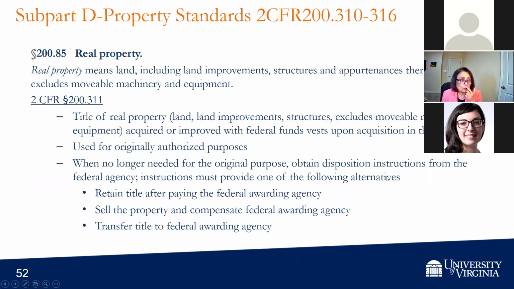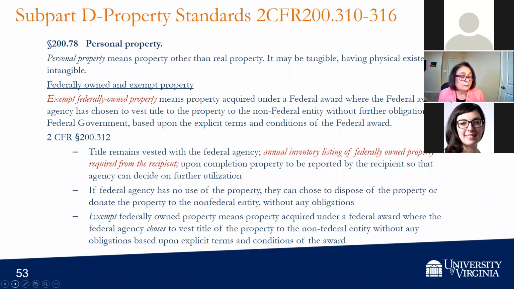Then, the subpart D has property standards. So you have to have a proper property system, fixed asset system that tracks the federally funded, federally owned, and institutional owned property. So I have given definitions of real property, which means land improvement, structures, and personal property. Personal property can be tangible or intangible property.